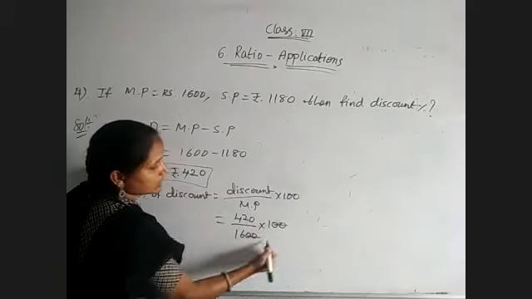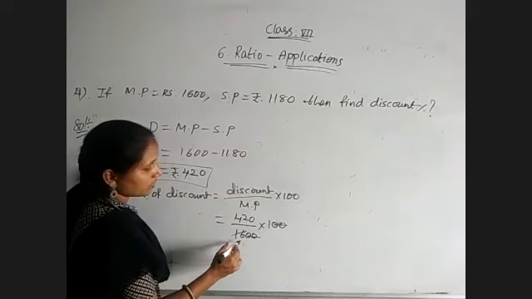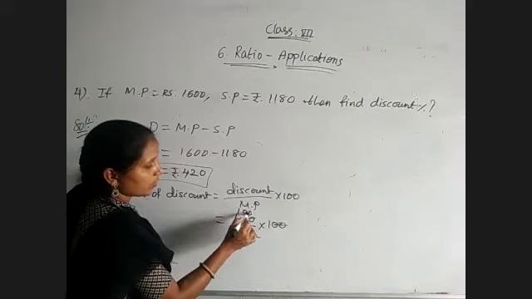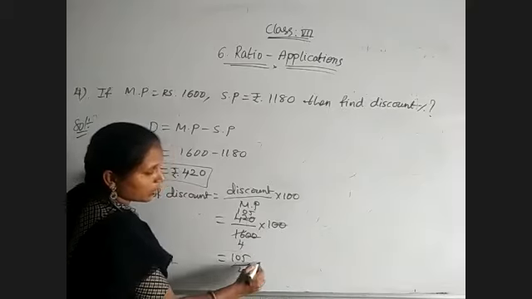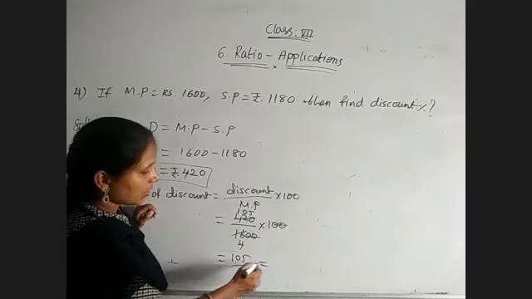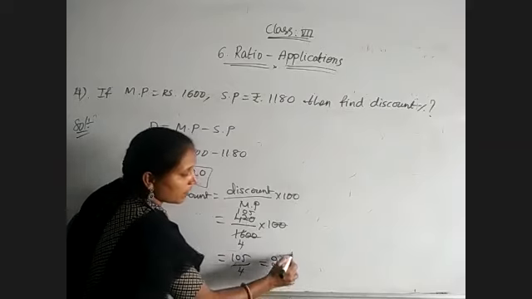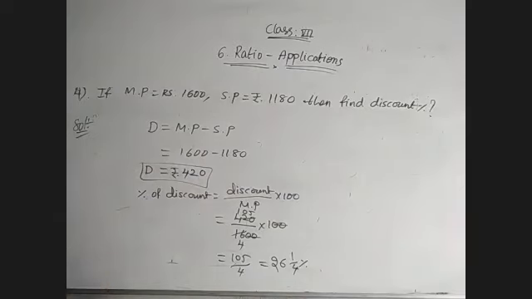Two zeros will get cancelled. 4 4s are 16. 4 1s are 4. 0 5. 105 by 4. So it is an improper fraction, converting to mixed fraction. 4 2s are 8. 25. 4 6s are 24. 26 1 by 4 percentage. That's all. Okay.